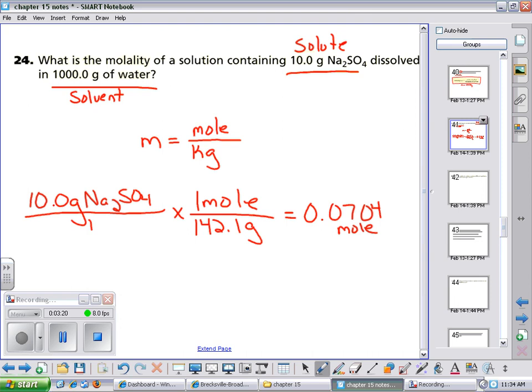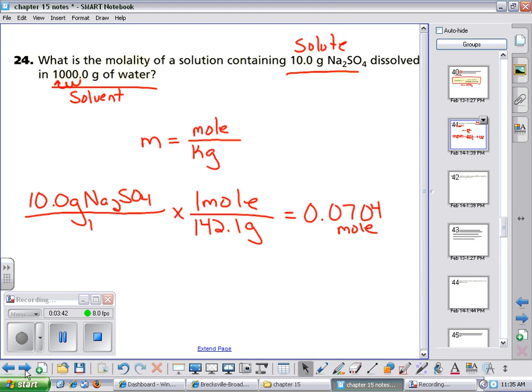So we have the moles. We have 1,000 grams. We have to change our grams to kilograms. So you need to move your decimal point 3 places to the left. So when we move it 3 places, 1, 2, 3, we end up with 1 kilogram of water.